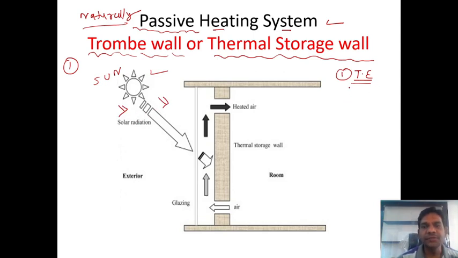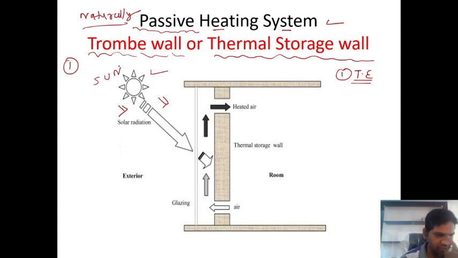The energy emitted by solar radiation is stored inside the wall, and then we can use this energy for further purposes. So this is the thermal storage wall.